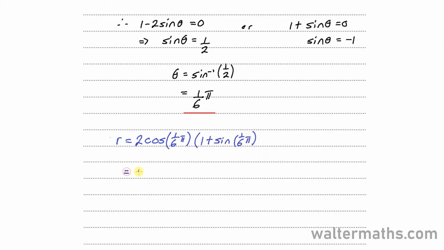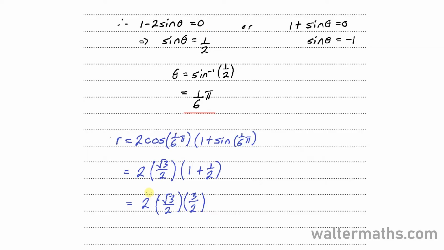This is the same as 2 times cos of a 1/6 pi, which is √3 over 2, times 1 plus sine of a 1/6 pi, which is a half. So basically we have 2 times √3 over 2 times 1 plus a half, which is 3 over 2.